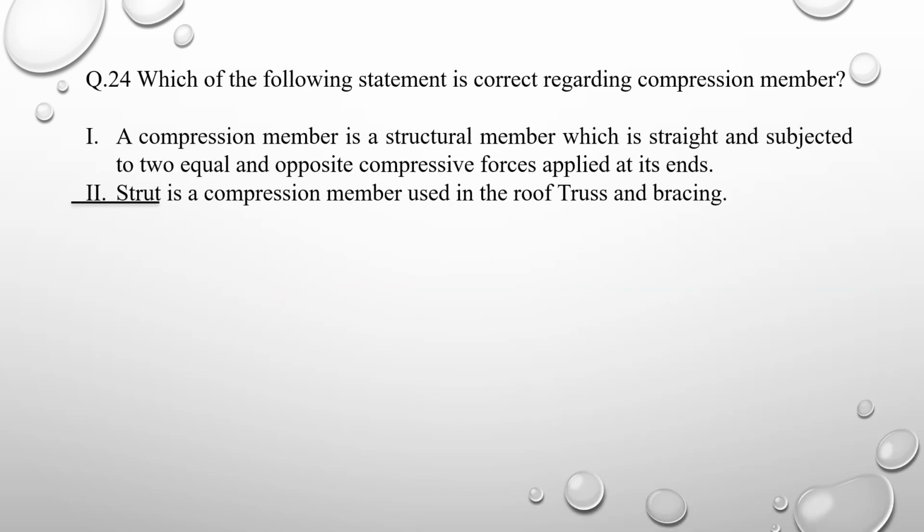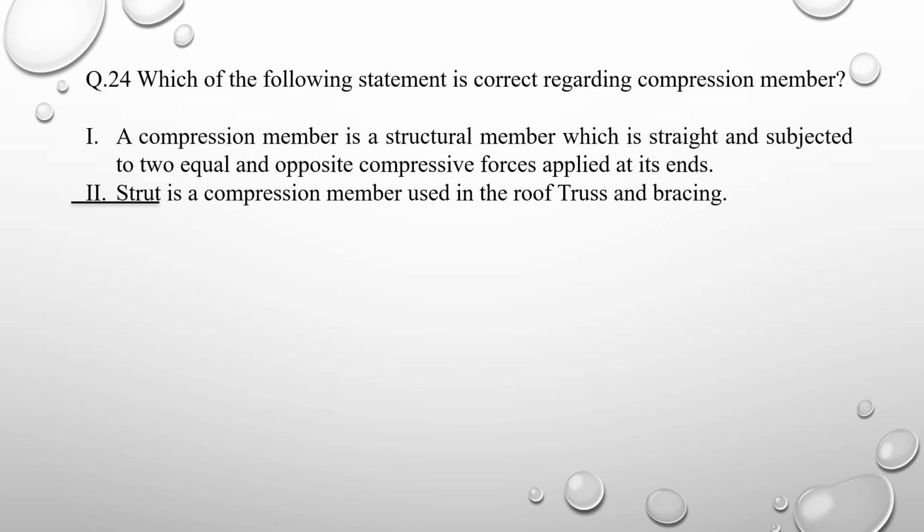Then question number 24. Which of the following statements is correct regarding the compression member? First, a compression member is a structural member which is straight and subjected to two equal and opposite compressive forces applied at its ends. Correct. Then second, a strut is a compression member used in the roof truss and bracing.